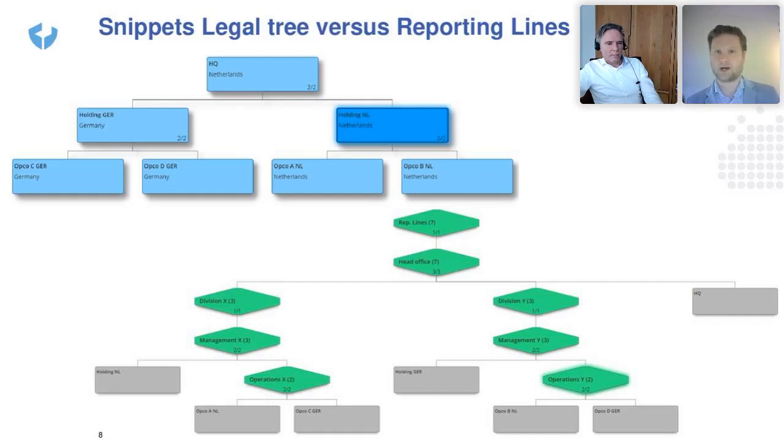Richard, do you have anything to add? No, I think you explained well, Mike. This is, for instance, a common situation where you may have country holdings to have the legal entities in certain countries or regions, but a lot of multinationals have different divisions active with a certain subset of subsidiaries in each country. So this allows you to get a hold on that divisional structure without creating different sets of information.